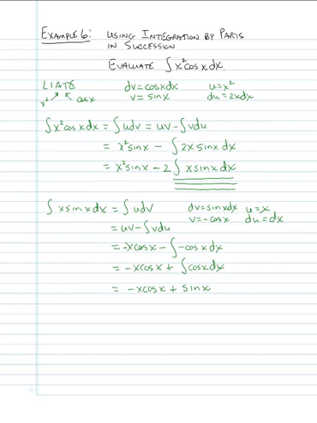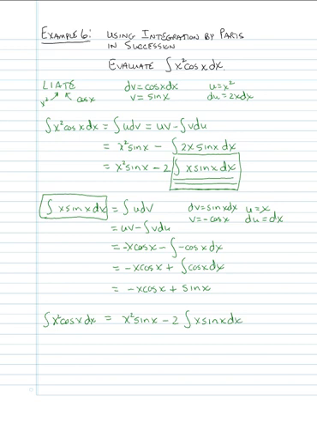Now, remember what we've done. We calculated this integral, and that was the part of what we had been doing a moment ago. So here's where we are. The original integral we're trying to find is the integral of x squared cosine x dx. And we had gotten it to the point where we have x squared sine x minus 2 times the integral of x sine x dx.